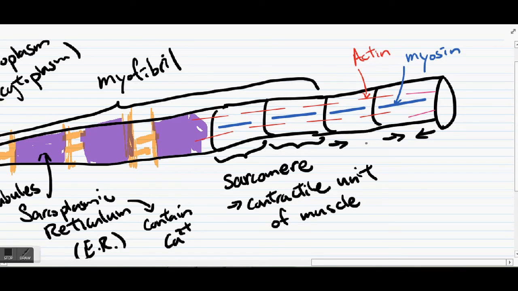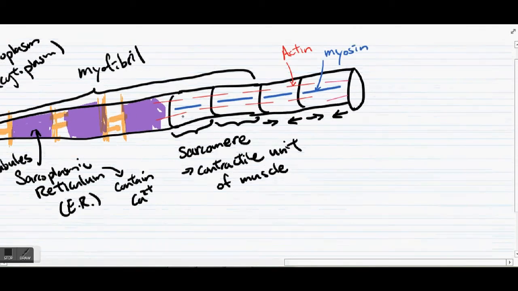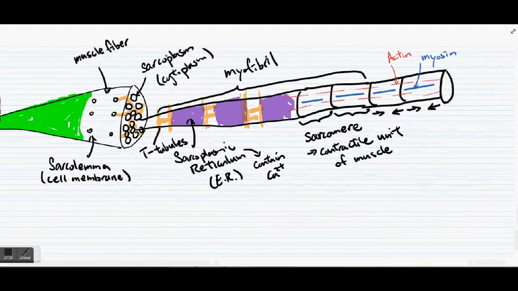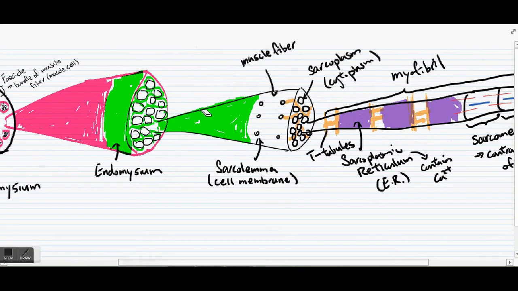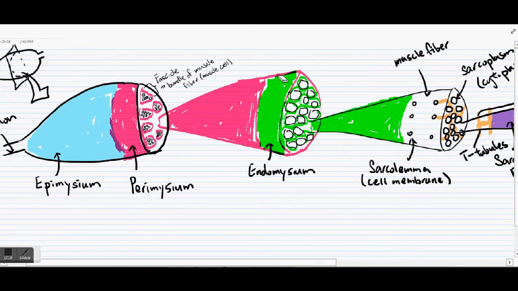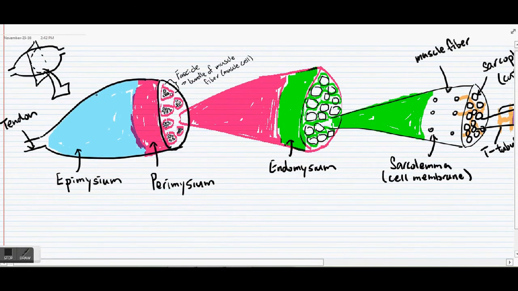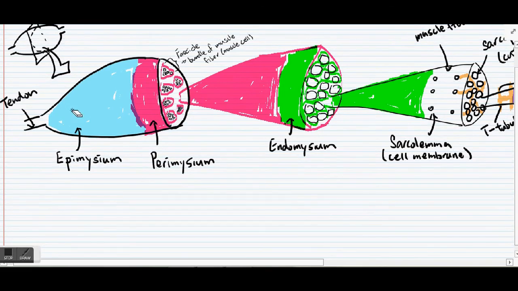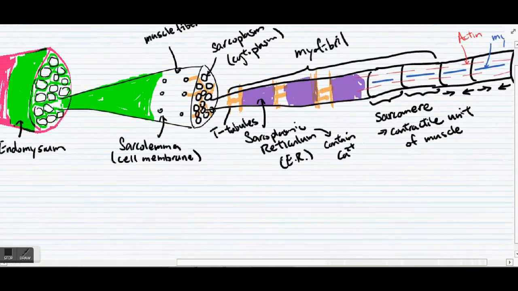So when each sarcomere shortens, ultimately that will cause the entire myofibril to become shorter, and the entire muscle cell is going to become shorter, causing the fascicle to become shorter and causing your entire muscle to become shorter, and therefore creating muscle contraction. And that's the organization of muscle from the gross level all the way to the protein level.